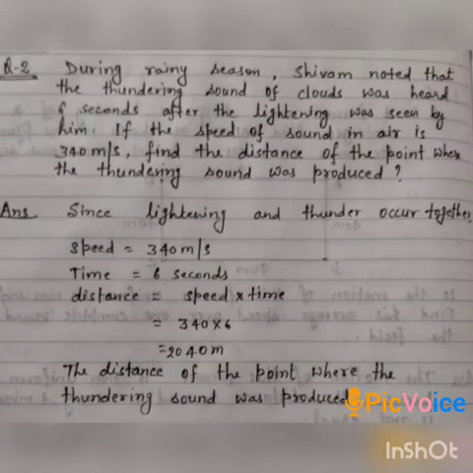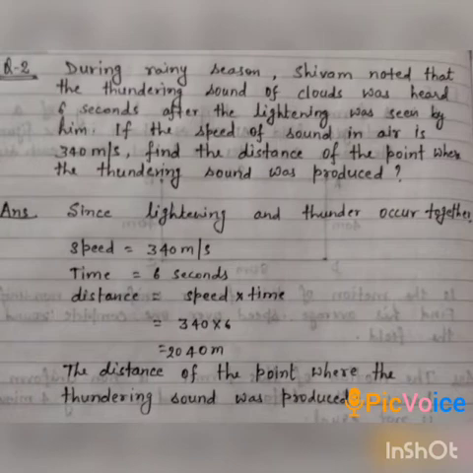Now question number 2. During rainy season, Shivam noted that the thundering sound of clouds was heard 6 seconds after the lightning was seen by him. If the speed of sound in air is 340 meter per second, find the distance of the point where the thundering sound was produced.